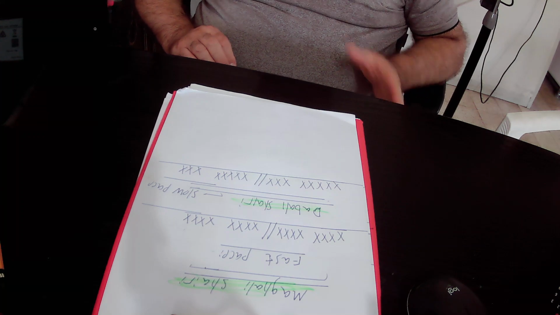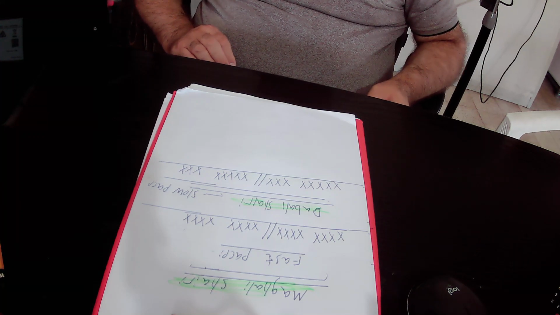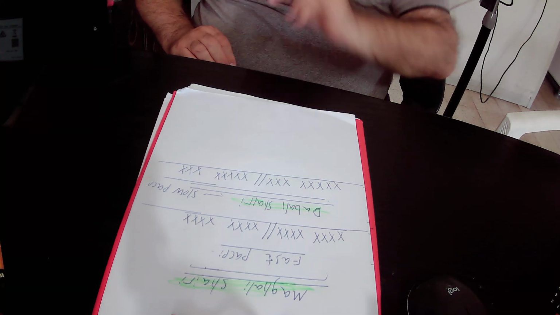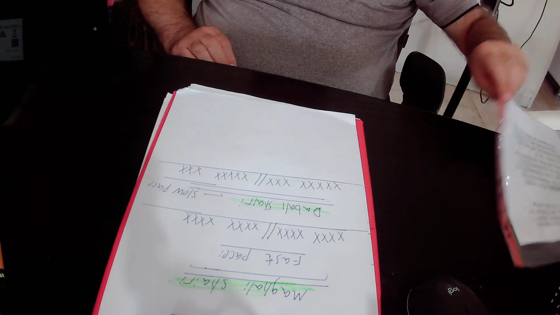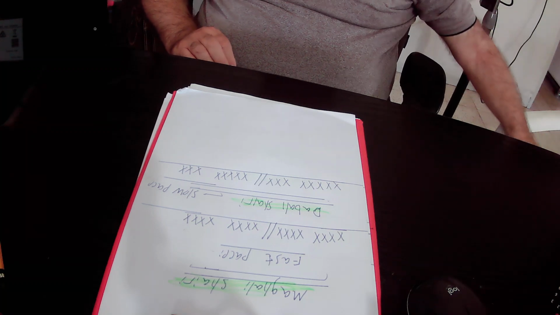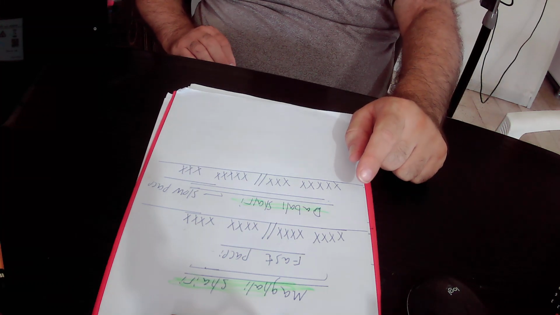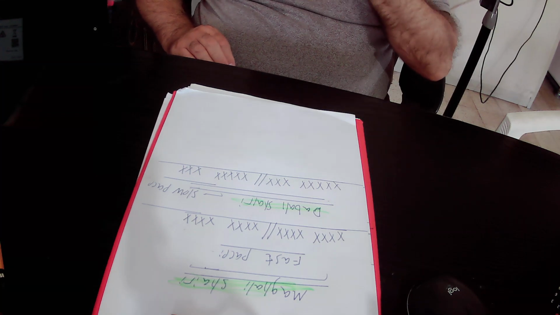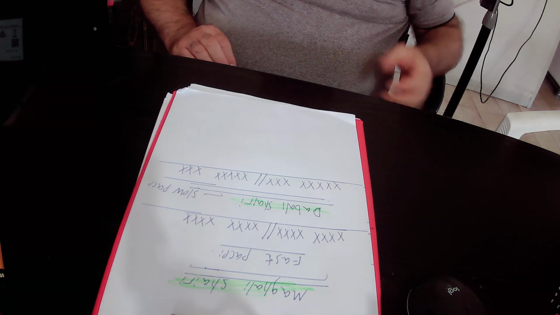I must also clarify or explain 2 concepts about fast pace and slow pace. Okay, what is fast pace? When the pace of the plot is fast, but what does it mean fast?